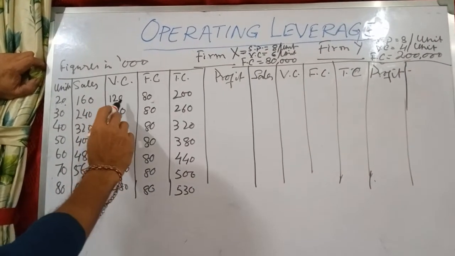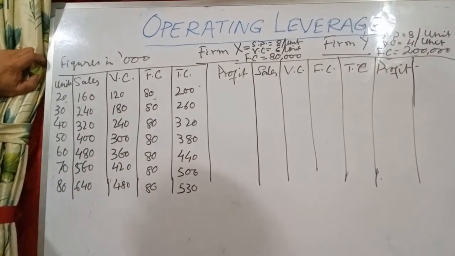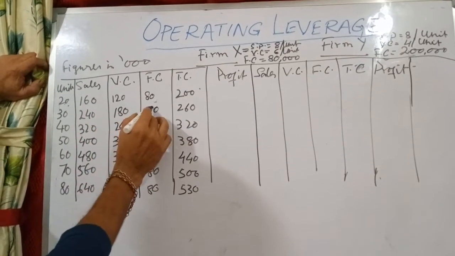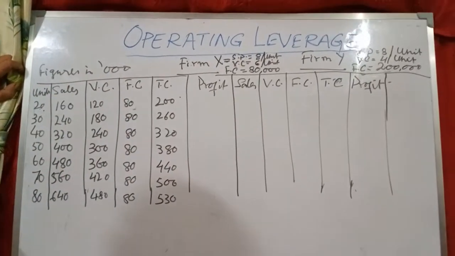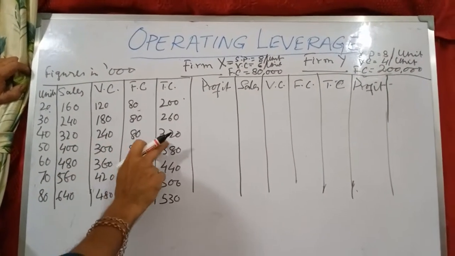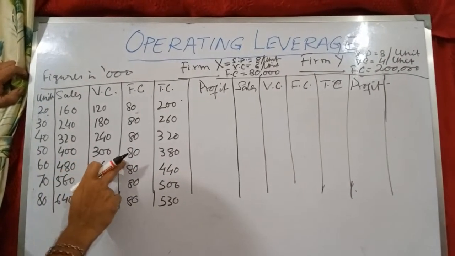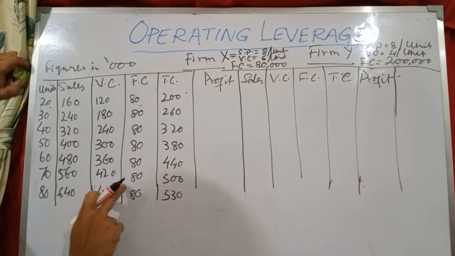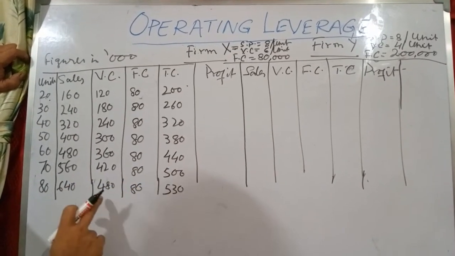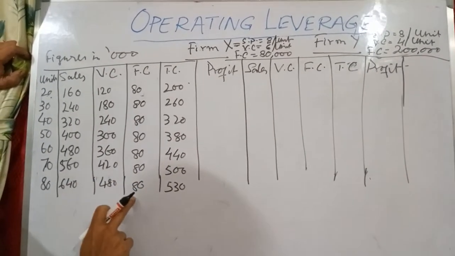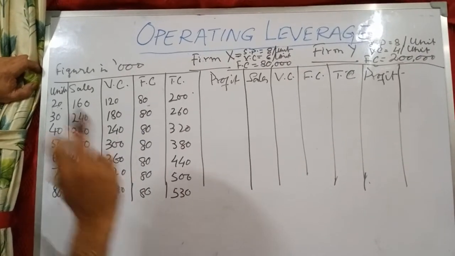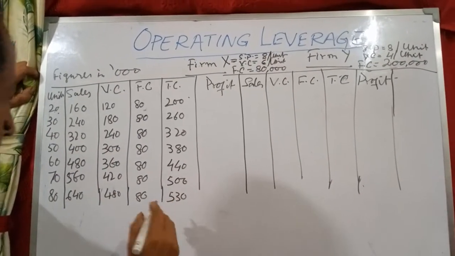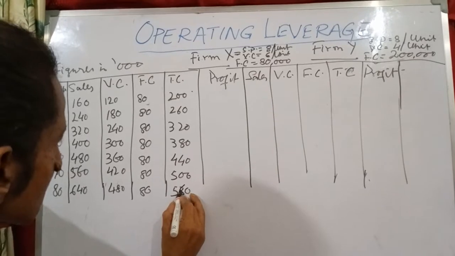Okay, 120 plus 80 is 200. 180 plus 80, 260. 240 plus 80, 320. 300 plus 80, 380. 360 plus 80, 440. 420 plus 80, 500. And 480 plus 80 is equal to 560.